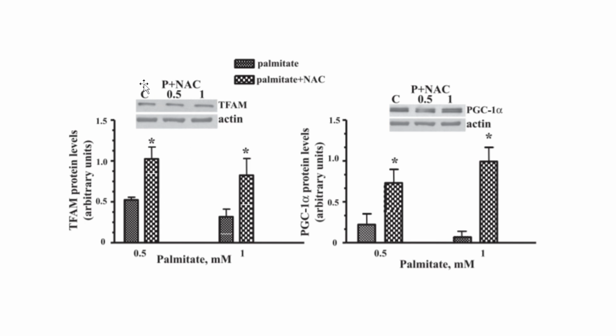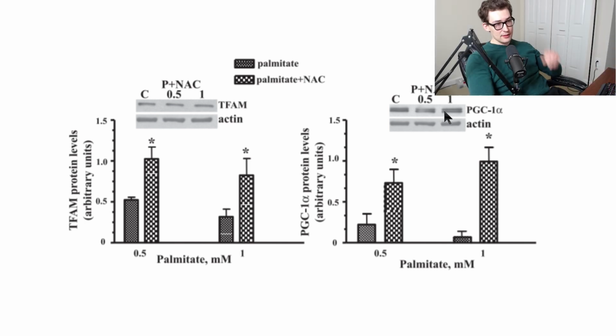We've got our control, and here we've got our TFAM levels with lower and greater levels of palmitate, and NAC seems to have a protective effect by comparison to when you just have palmitate alone, as we saw earlier as well. The same for PGC1 alpha, we see that it also seems to have a protective effect where it increases the levels of PGC1 alpha.